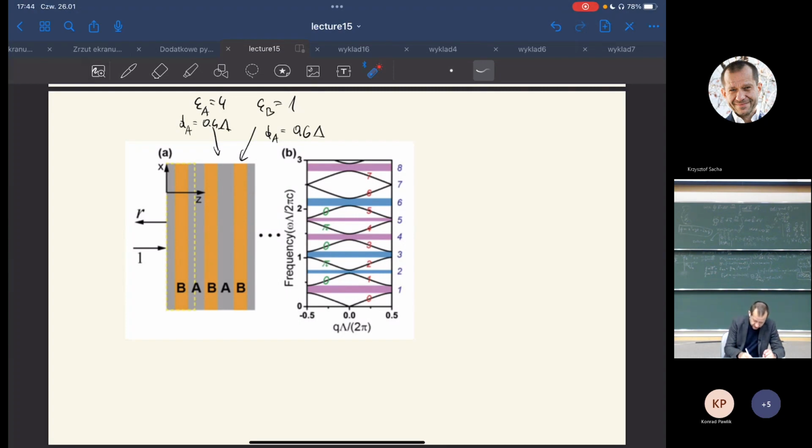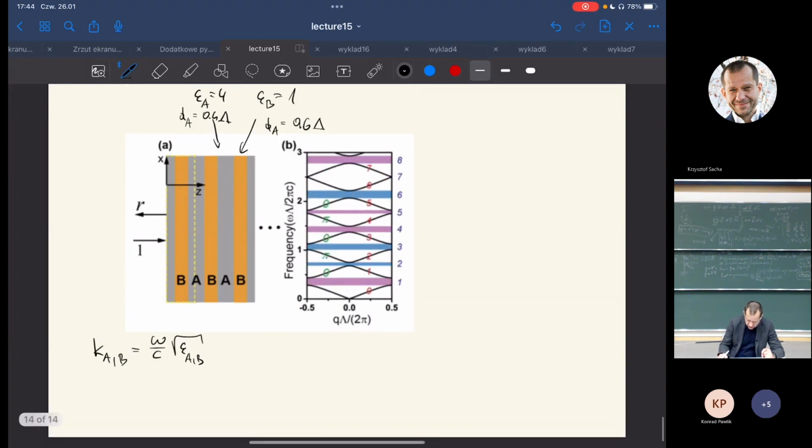So in each layer we can define the wave number which is determined by the dielectric constant, and then the continuity condition leads to the following equation. This Ka is given in the upper equation.